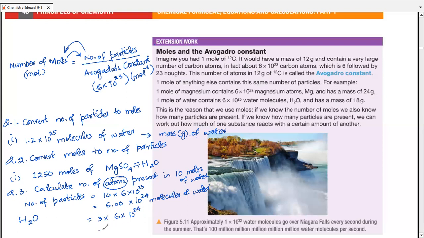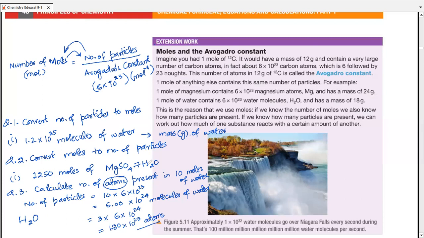So this would become 18 into 10 to the 24, or you can really convert. If you are going to do it on the calculator, you would notice it would be 1.80 into 10 raised to power 25 atoms as a whole. We're not specifying any specific kind of atoms. The total number of atoms would be this. Why? Because there would be two atoms of hydrogen and one atom of oxygen per molecule of water.